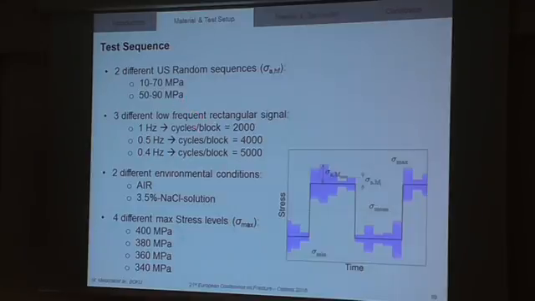Three different low frequency signals at 1, 0.5 and 0.4 Hertz, which means cycles per block from 2000 to 5000. Two different environmental conditions, one in air and the second in 3.5% sodium chloride solution, both at room temperature of 20 degrees, and four different maximum stress levels from 340 to 400 megapascal.